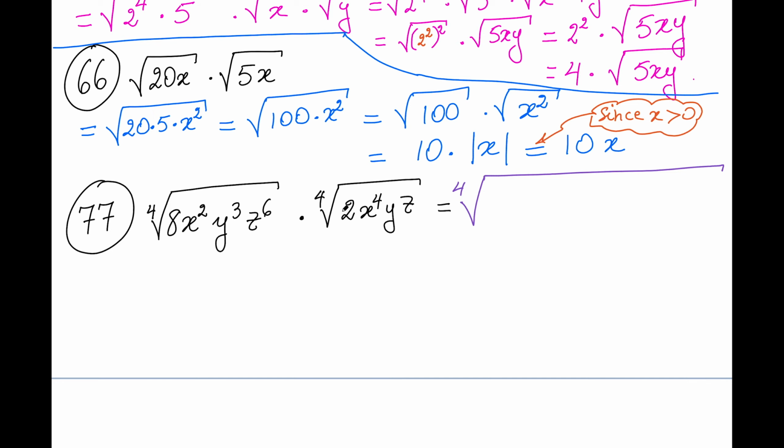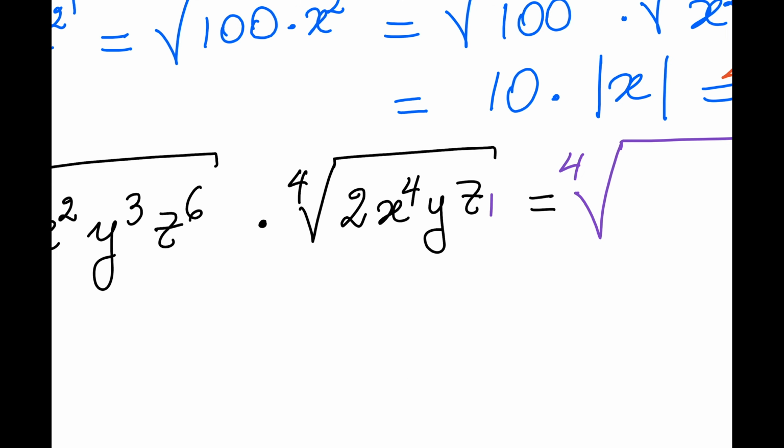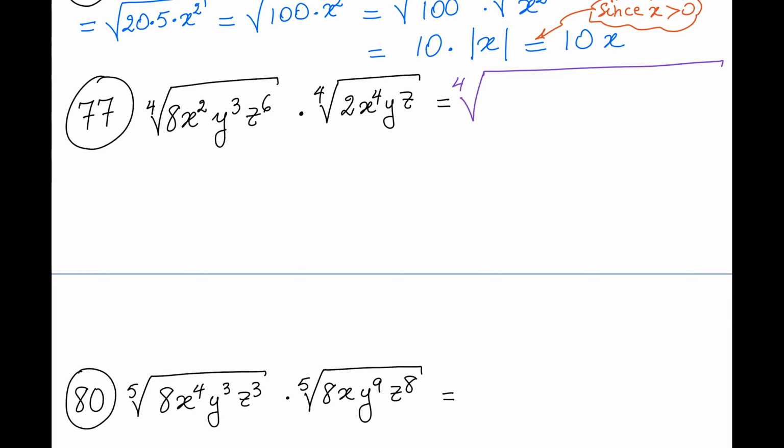So 8 times 2 is 16. Oops. 8 times 2 is 16, x squared times x to the power 4. Let's keep it. y cubed times y.